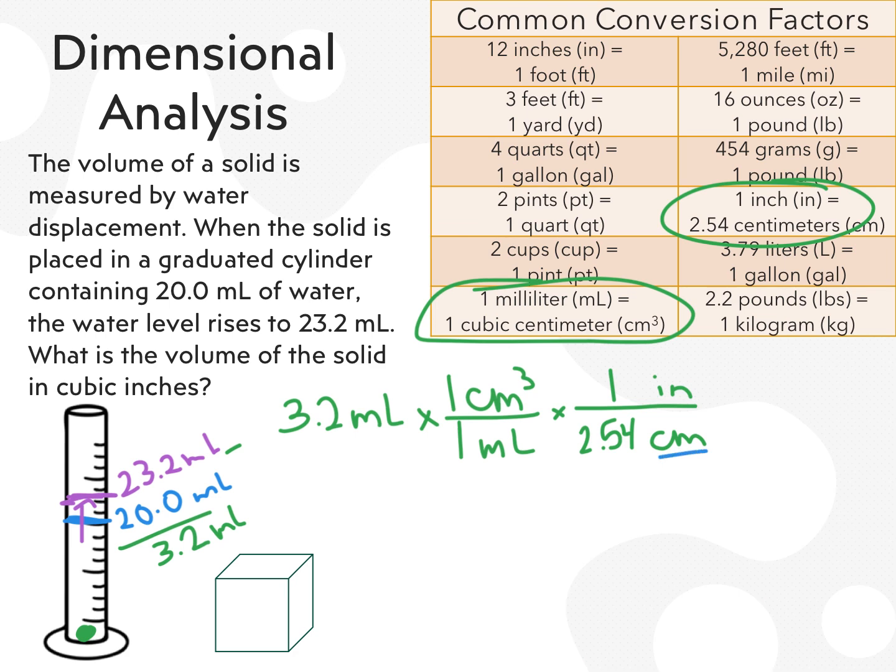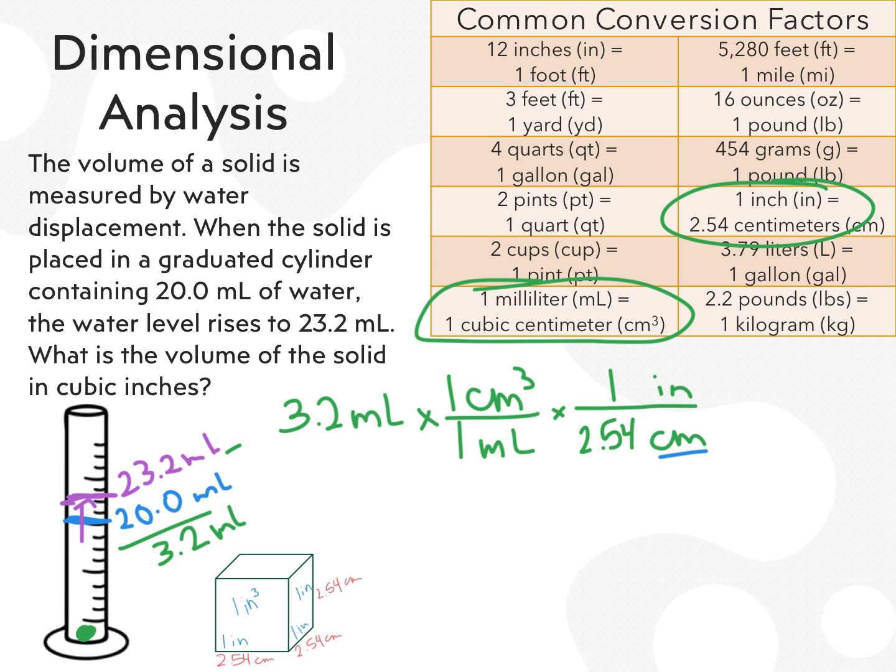So let's look at this little box down here. If I zoom in on my little box, let's see what I've got. Let's pretend that this box is 1 inch cubed, which means it is 1 inch by 1 inch by 1 inch. So if we were thinking about cubic centimeters, this is going to be 2.54 centimeters by 2.54 centimeters by 2.54 centimeters.